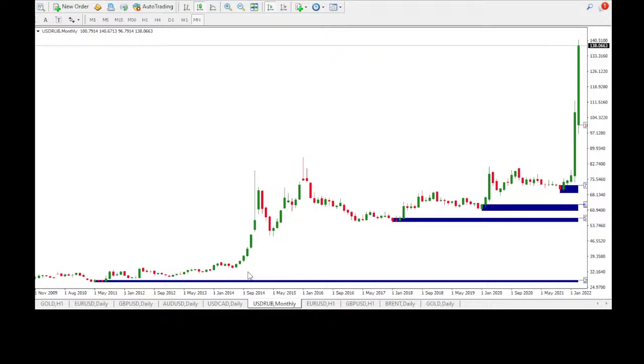From a price around 70, we have doubled the price level in just 10 days, and I have never seen a currency pair double in price in just 10 days.